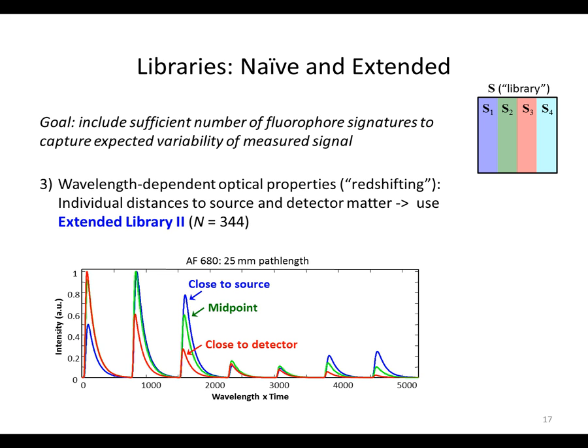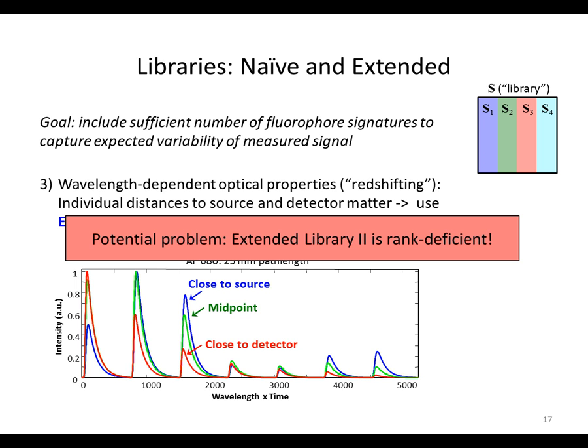Except that something has happened from going from the naive library and Extended Library 1 to this Extended Library 2. And the fact is that those previous 2 matrices were full rank, whereas the matrix that corresponds to Extended Library 2 is rank deficient, because now I have for each fluorophore a number of signatures that are all not that different from one another.